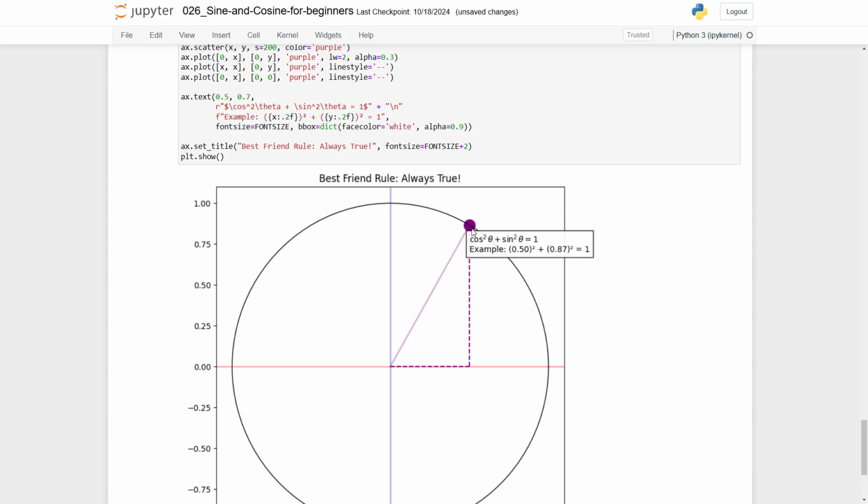And we can say immediately, okay, the sine here is literally 0.87 out of the whole radius, and the cosine for 60 degrees is like 0.5 of the radius. So this is what we mean when we say x and y coordinates of the unit circle.